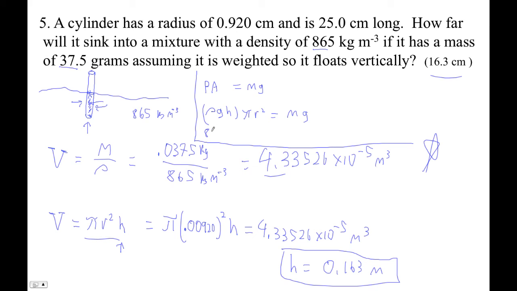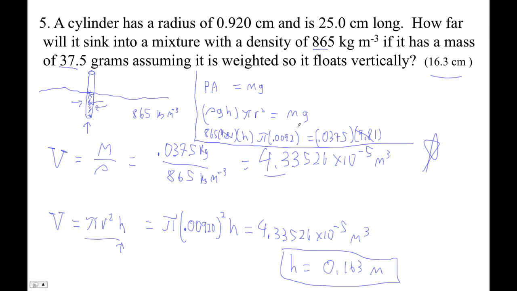So 865 times 9.81 times h, which we don't know, times pi times 0.0092 equals 0.0375 times 9.81. Of course, 9.81 goes away, and we end up with, yeah, it's going to be exactly the same thing.